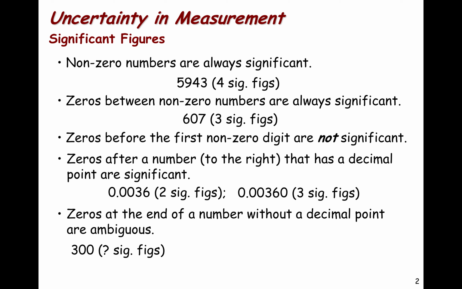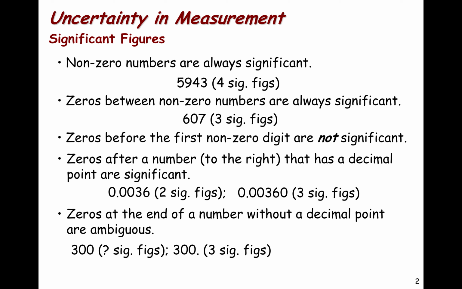In this particular case, there is only 1 significant digit, and it's implied that it's plus or minus 1 in the hundreds place. So this number actually could be as high as 400 or as low as 200. There's a lot of error associated with this estimated value.